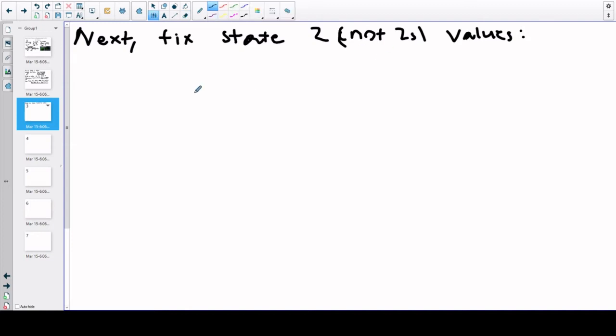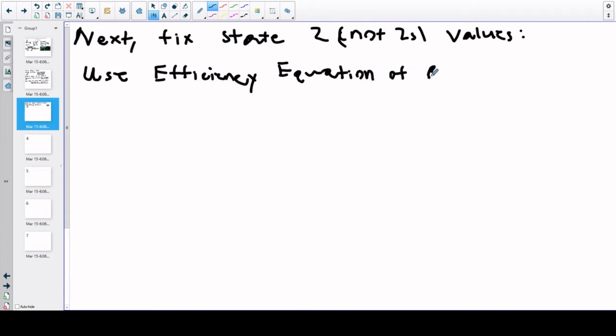So using the efficiency equation, and the efficiency equation for a compressor is H2S minus H1 divided by H2 minus H1.